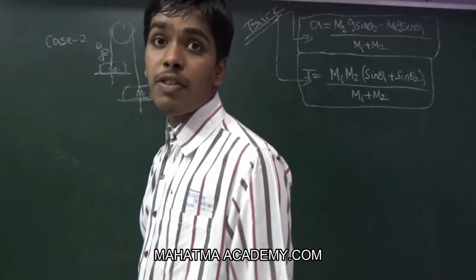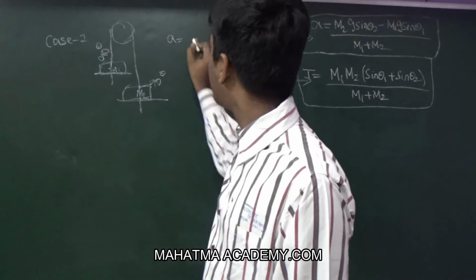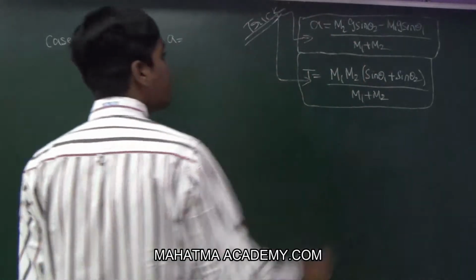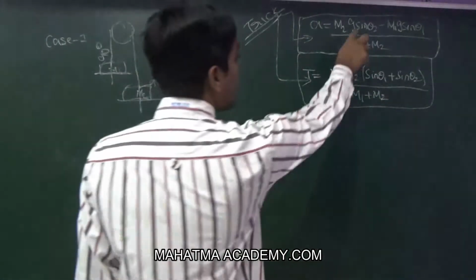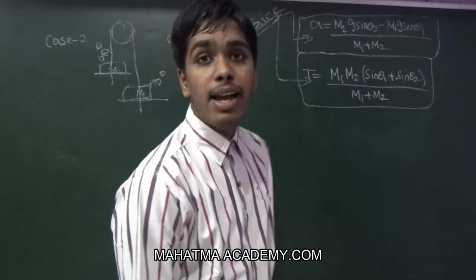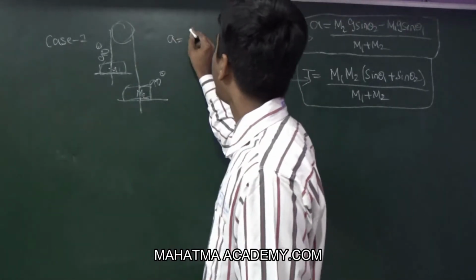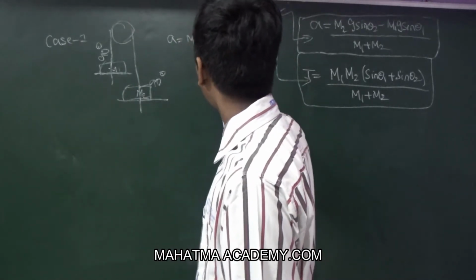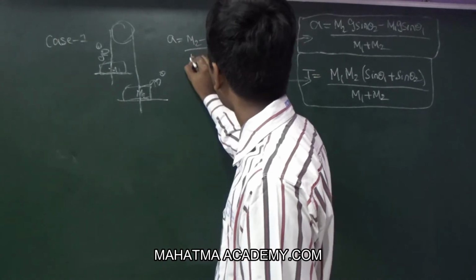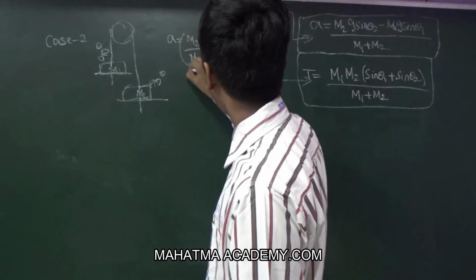Now, if you want to find out the acceleration, A is equal to, if you place the theta 1, theta 2 as 90, the sin theta is equal to sin 90. Sin 90 is 1. So we get m2 minus m1 upon m1 plus m2 into g.